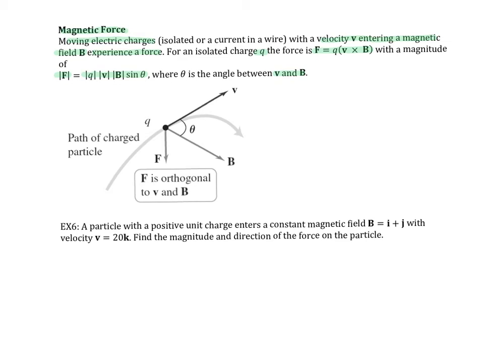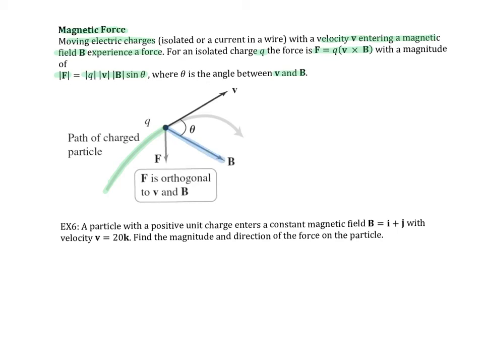So if you look at this curve, you can imagine this, say it's an isolated charge, it's some particle, and it's moving along, and then all of a sudden, bang, it encounters a magnetic field. So let's just say that we call this magnetic field, which would be a force on our particle.